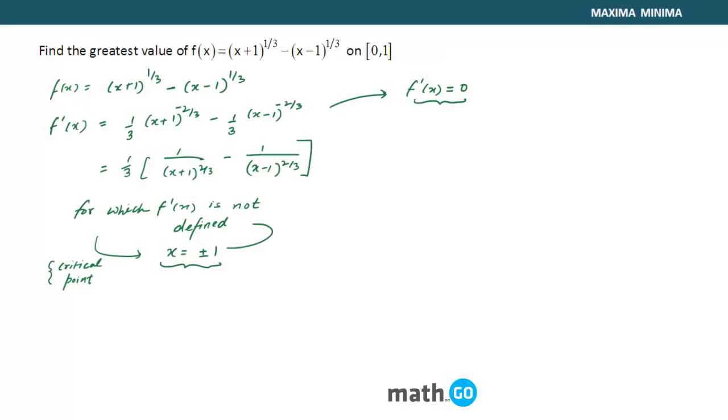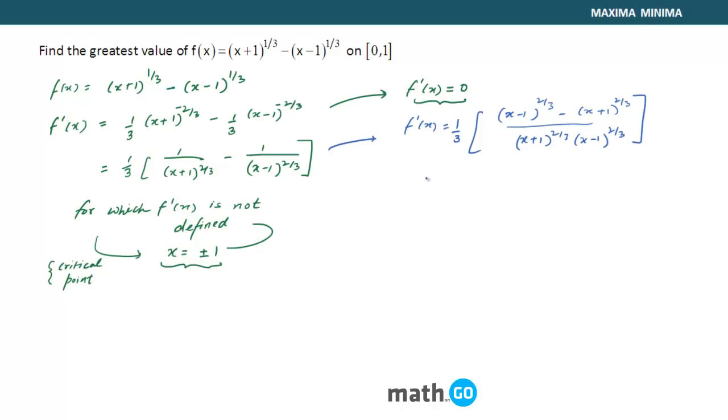So now if we have to solve f dash x equal to 0, this particular quantity will become f dash x equal to 1 by 3 times x minus 1 raised to power 2 by 3 minus of x plus 1 raised to power 2 by 3, divided by x plus 1 raised to 2 by 3 and x minus 1 raised to power 2 by 3.